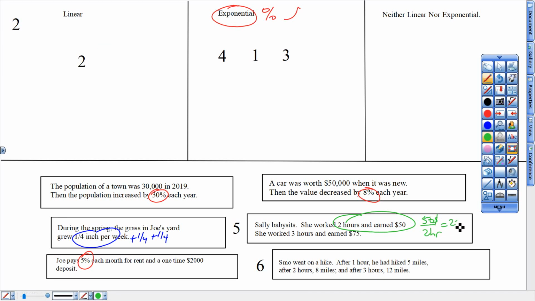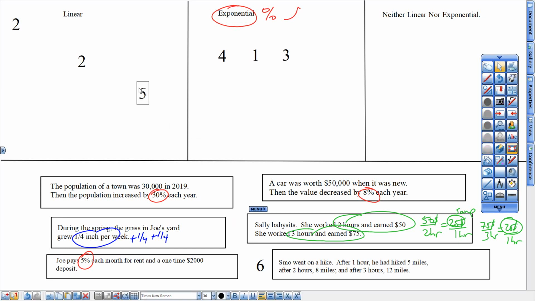Straight line, $25 per 1 hour. And then if I divide 3 and 75, that gives me $25 per 1 hour. Since they're the same, I both have $25 per hour. Hopefully that writing's not too sloppy. That makes this linear because they're the same.